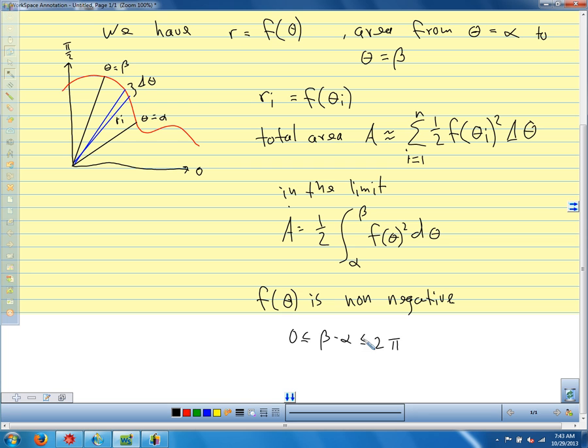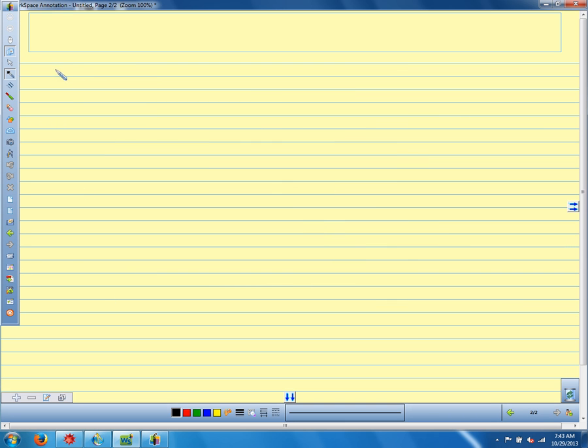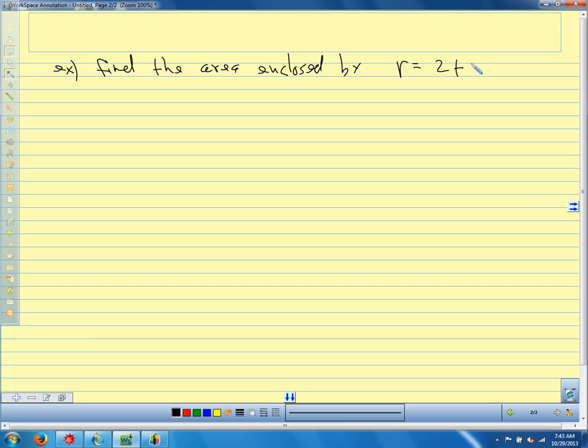So questions on our procedure, on our development here. All right, so let's use this to find the area of a polar region. We're going to find the area enclosed by our favorite cardioid, r equals 2 plus 2 cosine theta.